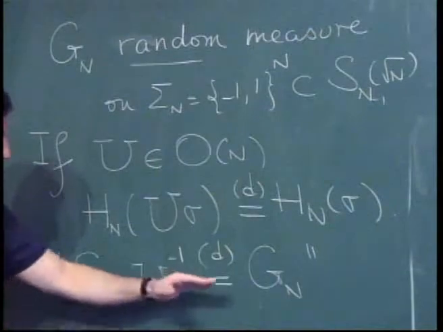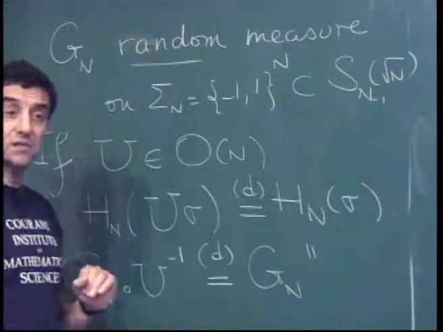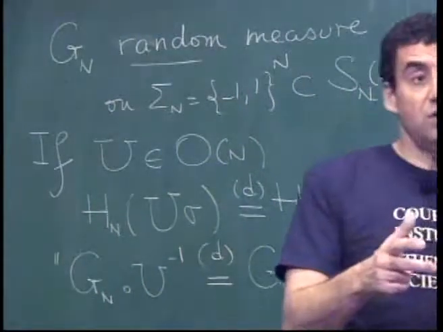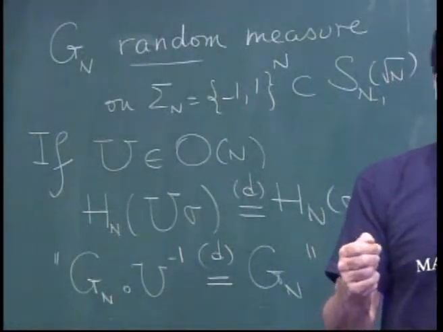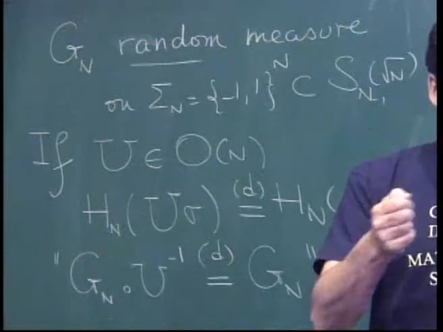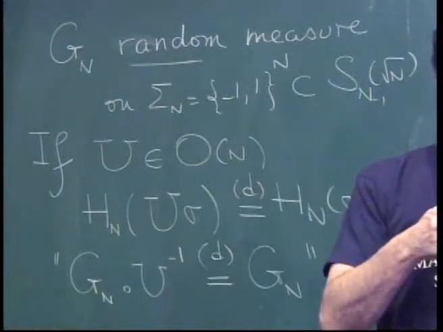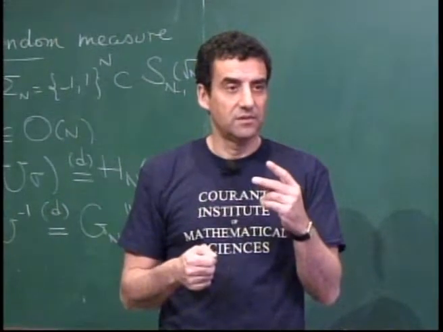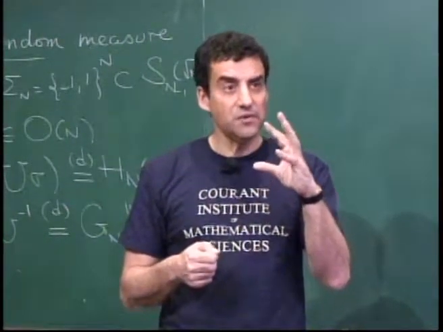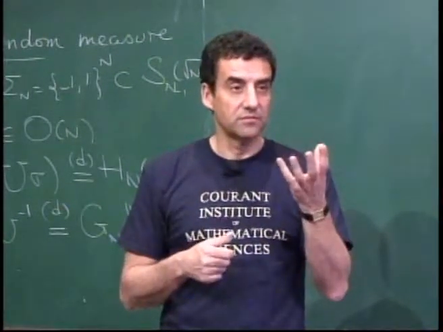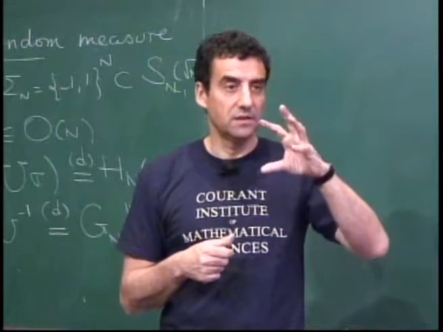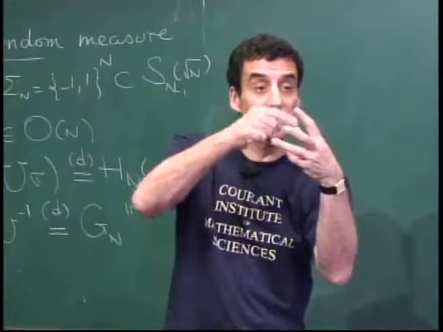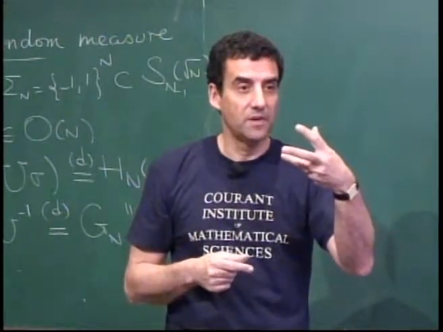But what is true here is that if you take the distribution, that's the important thing, if you take a k-tuple of points, a k-tuple of replicas, and you look at the distribution of their distances or their overlaps, this will be invariant by any rotation. The points themselves are no longer on the cube. They may be on a rotated cube, but the distances between them are the same.